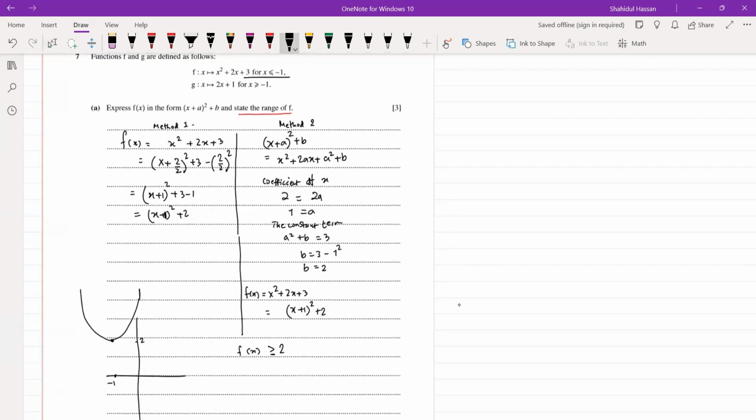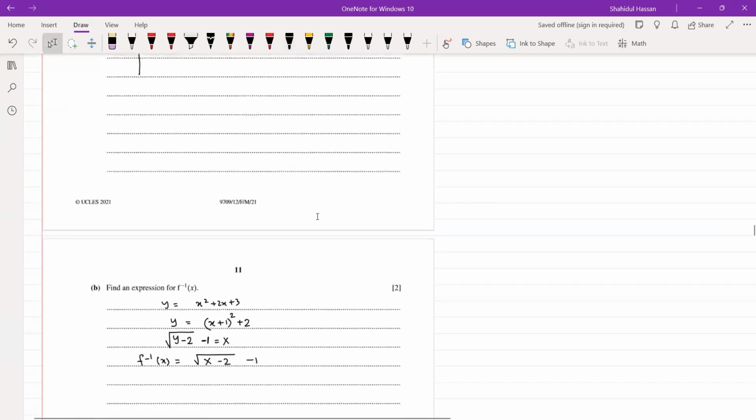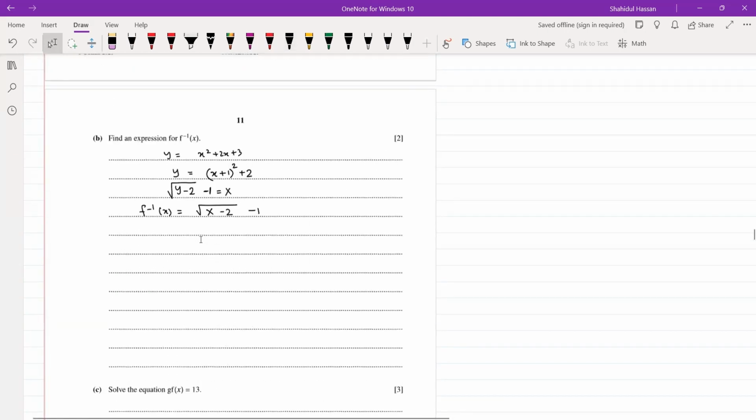So in the given f of x function, we're only going to have the part where x is less than minus 1. Not all of it, but x is less than minus 1. And after we do the inverse here, we square root this. After you square root something, you should get two solutions, that is a positive solution and a negative solution.